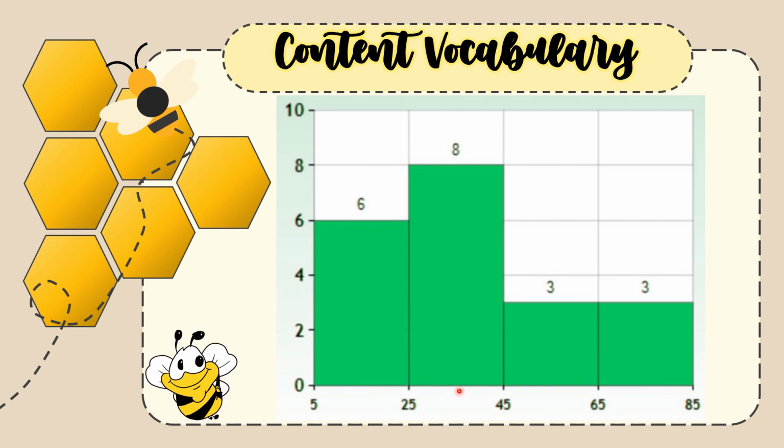From 25 to 45, the frequency is 8. From 45 to 65, the frequency is 3. And as well as 65 to 85, the frequency is also 3. So, the histogram bases the height of the bar on the frequency of a range of values. So, this is an example of a histogram.